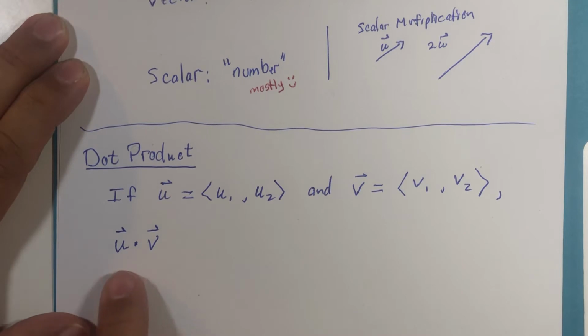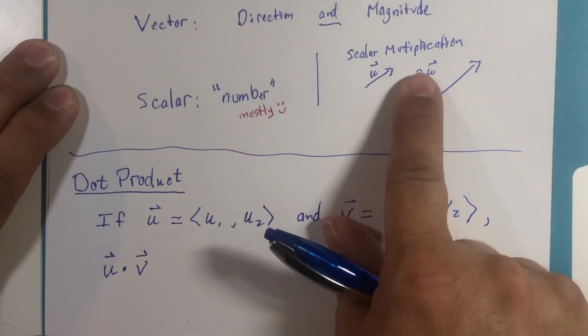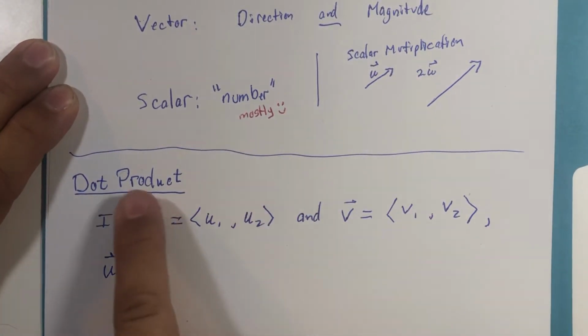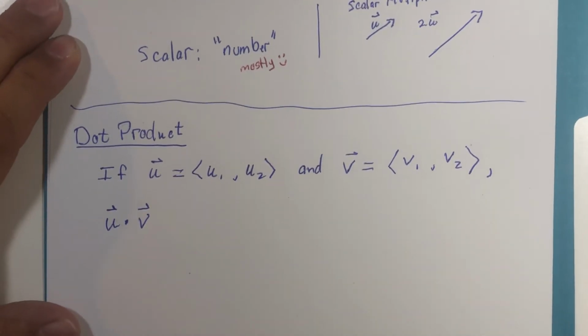product v. You need this symbol here so that it is a dot product, because there's a third type of multiplication that we're going to meet. So this is scalar. This is a dot product, and you'll meet another one in the next section of the book.